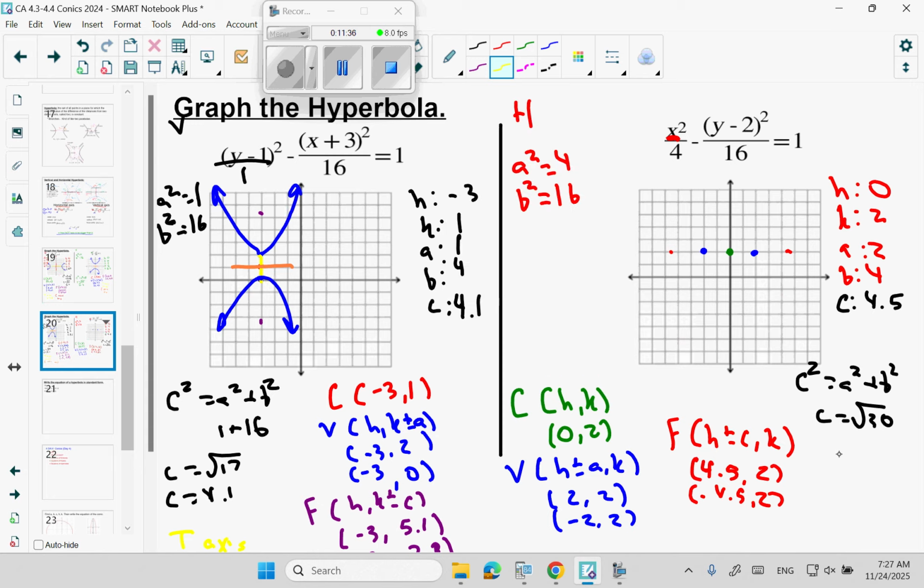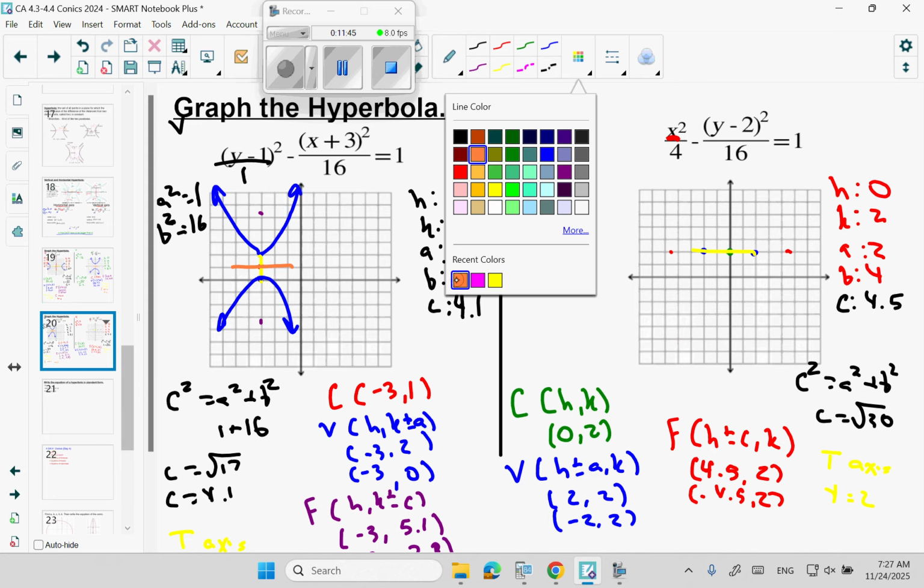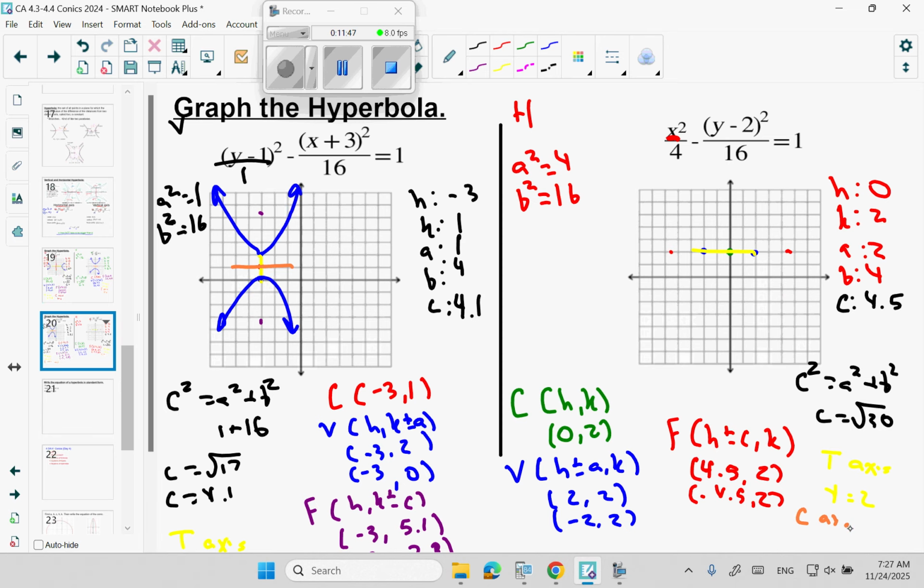We get our transverse axis, which is going to be y equals 2. We get our conjugate axis, which is going to be x equals 0 right here. And then my hyperbolas open up towards their foci, away from the conjugate axis.